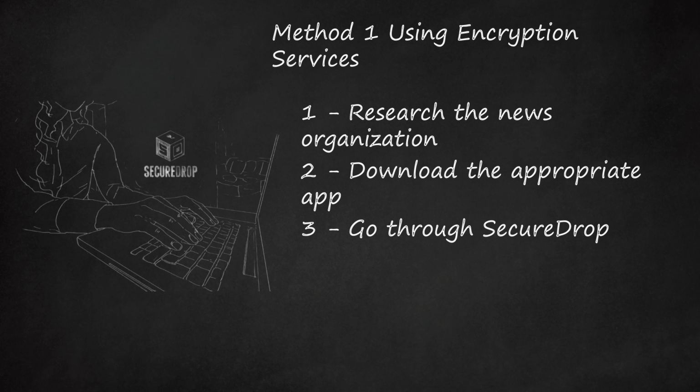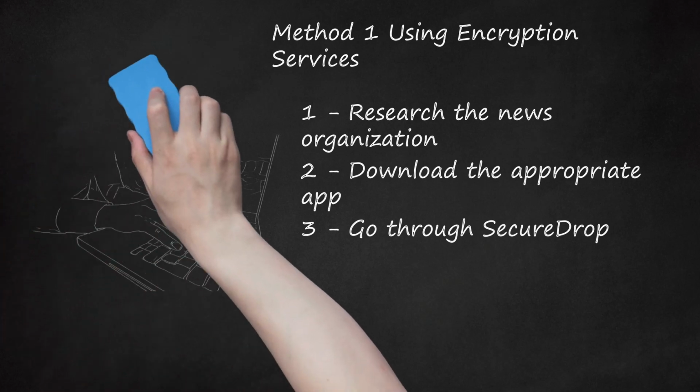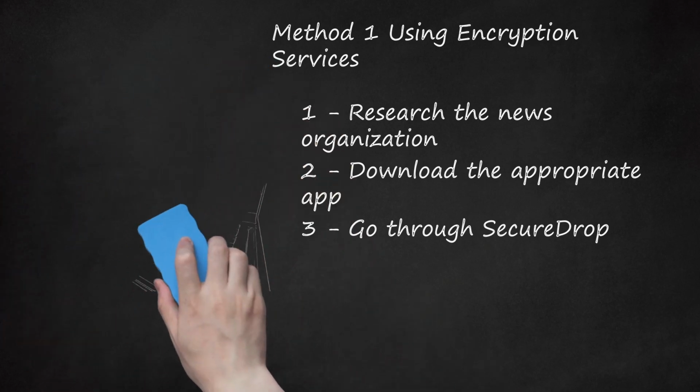Once the document has been sent, you can reply from within the service. SecureDrop only operates on the Tor browser, so you'll have to download that. The process is the same as downloading any other app, and the browser operates just like any other web browser. Make sure your security settings are set to the highest level before you start using SecureDrop for communications.